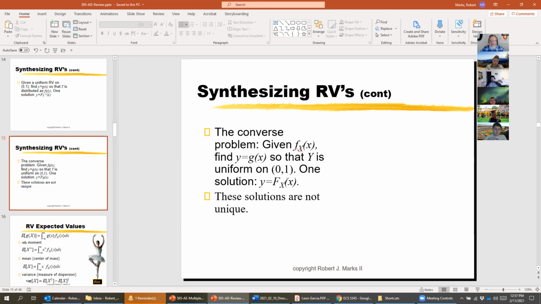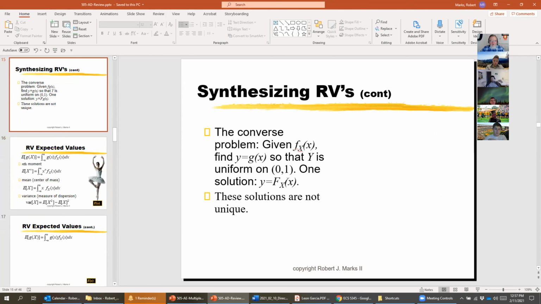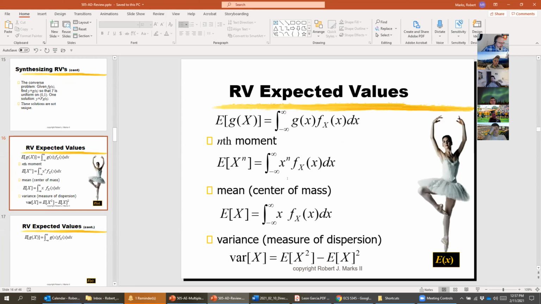We also showed that the transformation was not unique. So we're talking about transformations on random variables and functions of random variables. One of the most important that we have is the idea of an expected value. Many times people look at expected values and don't really talk about what expected values mean.